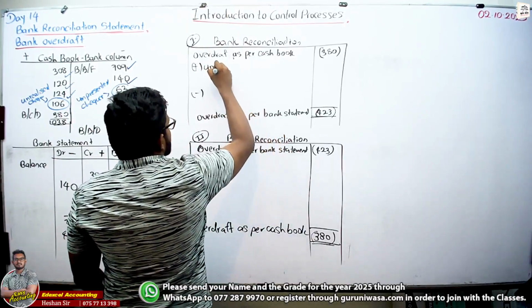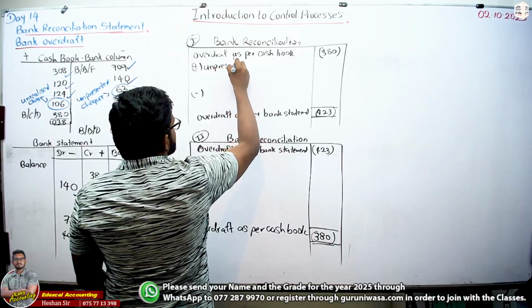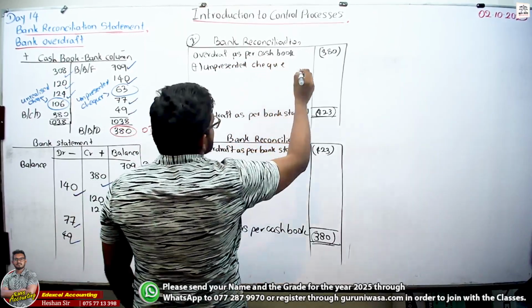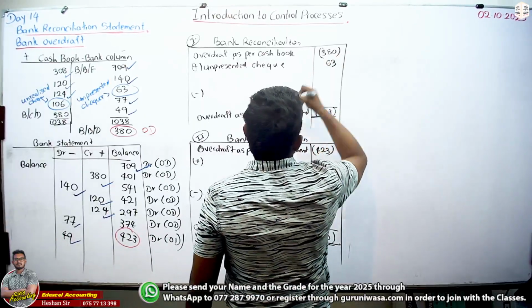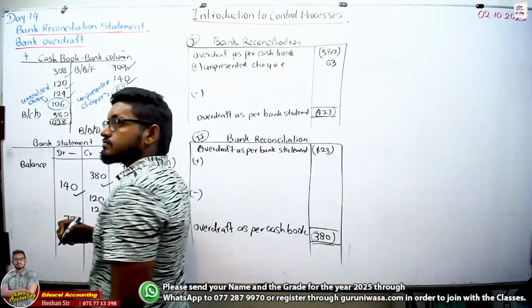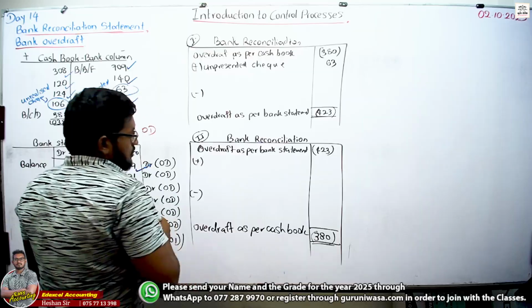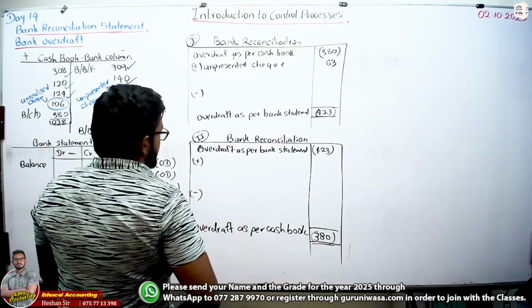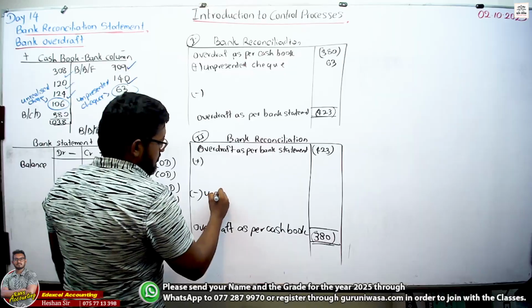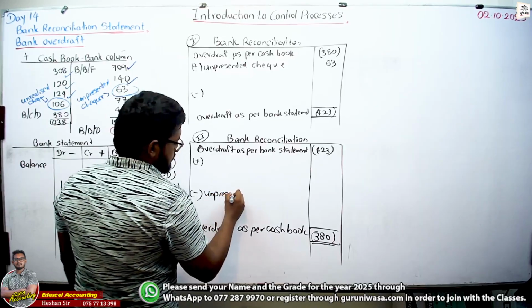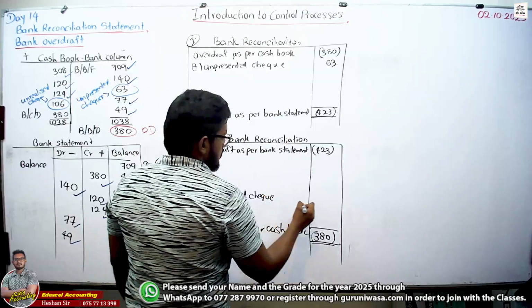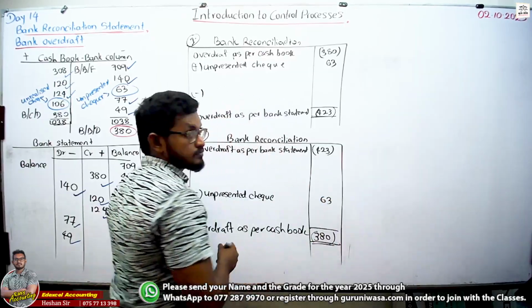So we need to add back unpresented checks 63. Here this is not deducted 100, this is 90. From 100 we deduct unpresented 63.